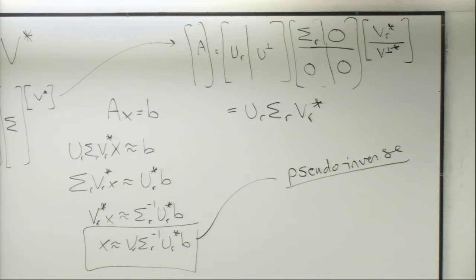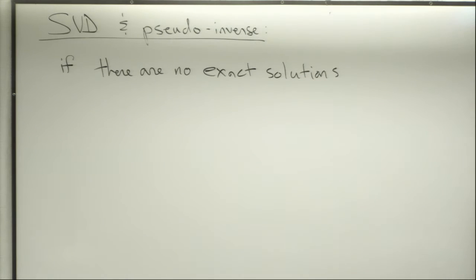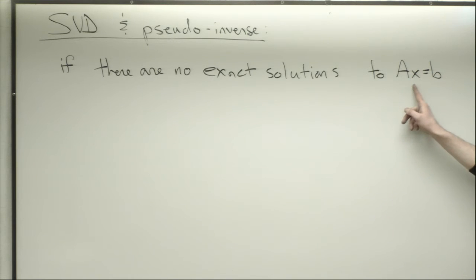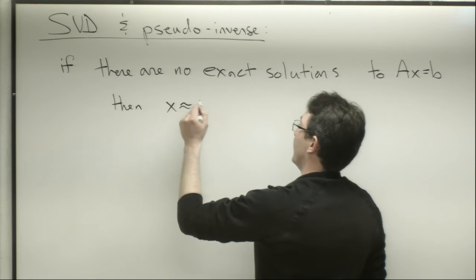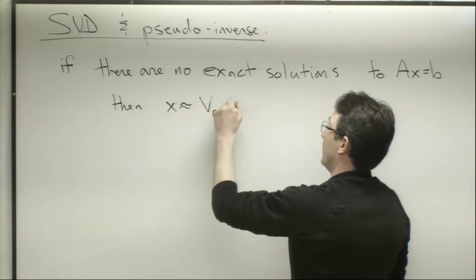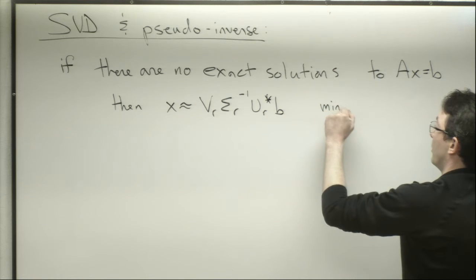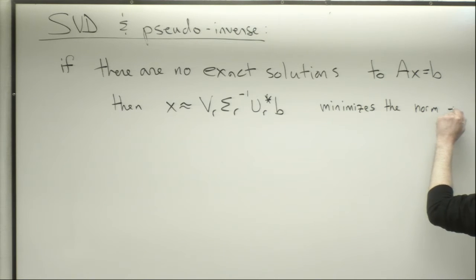If there are no exact solutions to AX equals B, and remember, I can have cases where there's no exact solutions for both overdetermined and underdetermined, but it's much more likely for overdetermined systems not to have a solution, then X approximately equal to V R sigma R inverse U R transpose B minimizes the norm error.